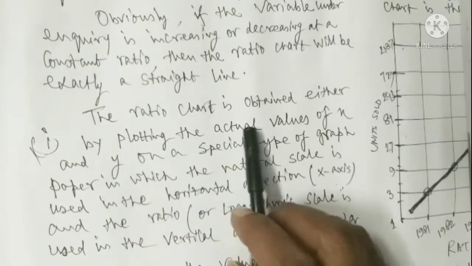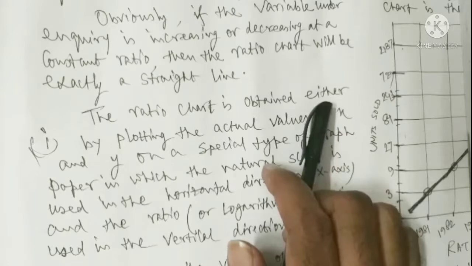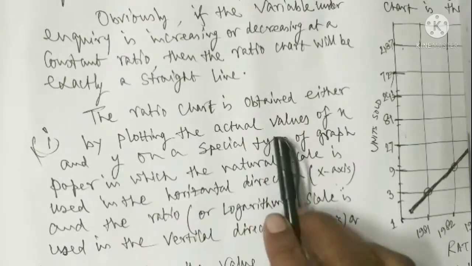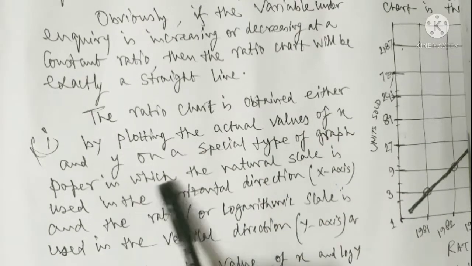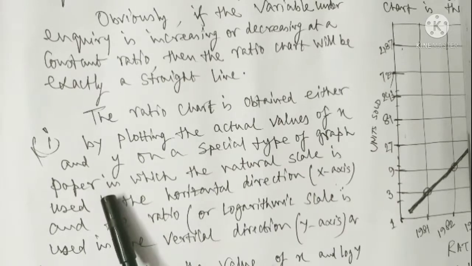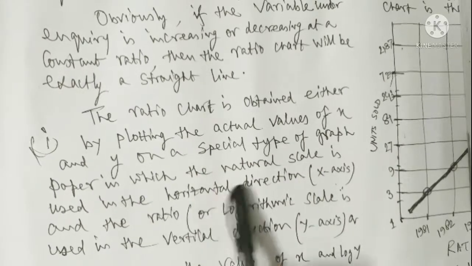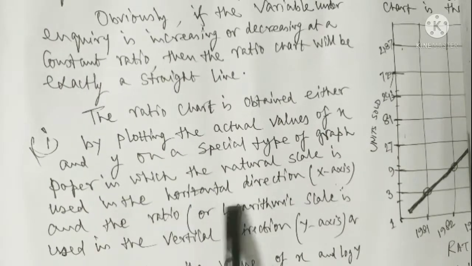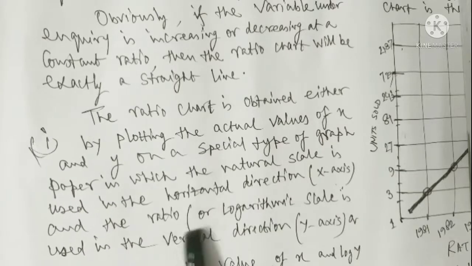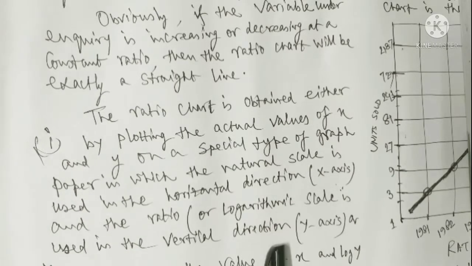The ratio chart is obtained either by, number 1, plotting the actual values of x and y on a special type of graph paper in which natural scale is used in the horizontal direction, and the ratio scale, that is logarithmic scale, is used in the vertical direction.